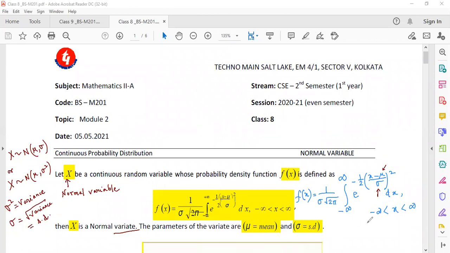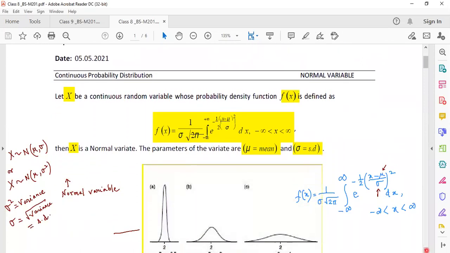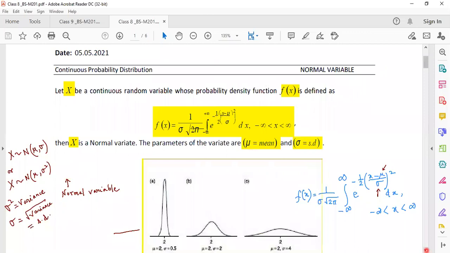Let me scroll down. Now you see, when we plot this probability function, we get this kind of shapes.